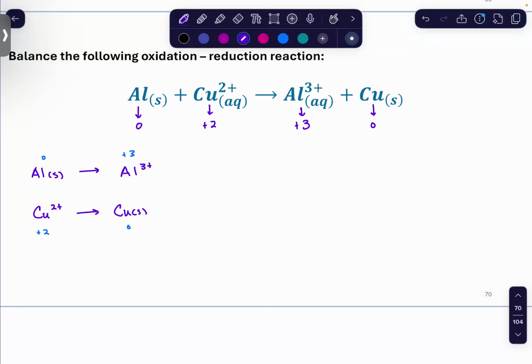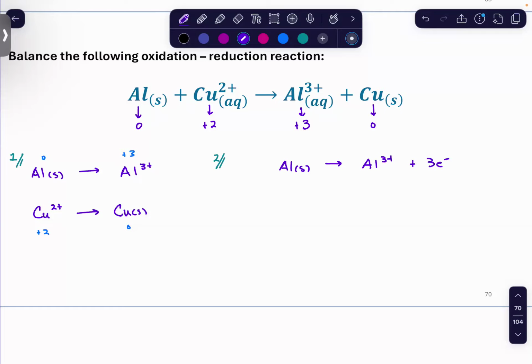So this is where I use electrons. And we'll say that was step 1, step 2. Okay, so to balance these, I'm going to do my aluminum solid, my aluminum ion +3 electrons. Remember, electrons count as a -1.